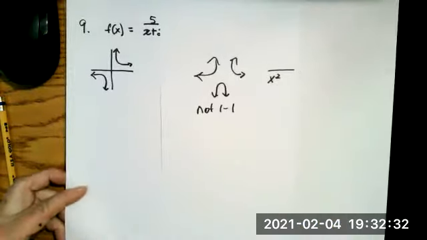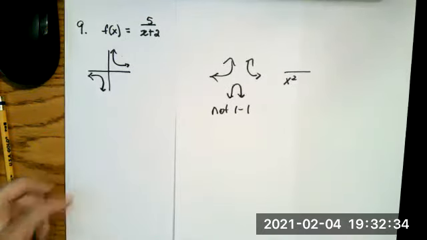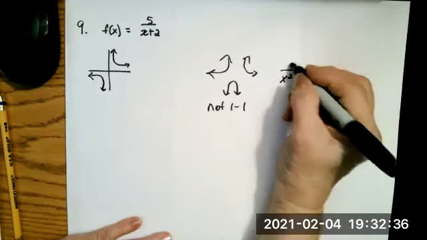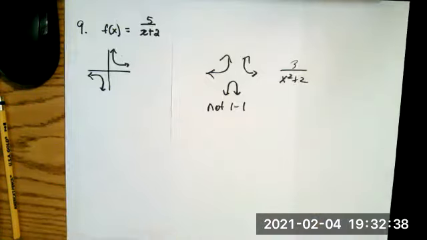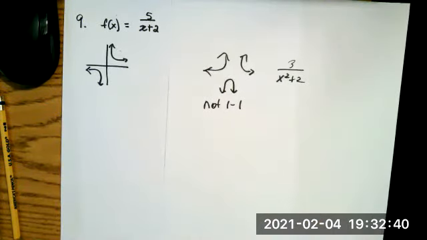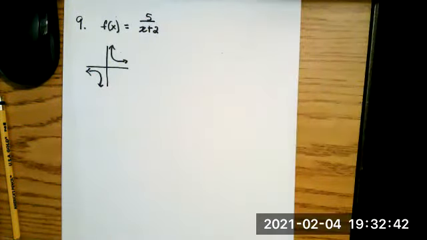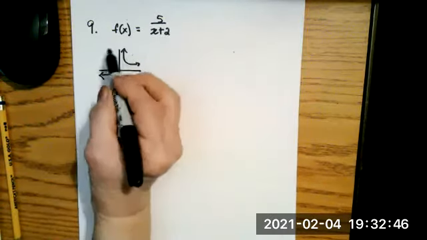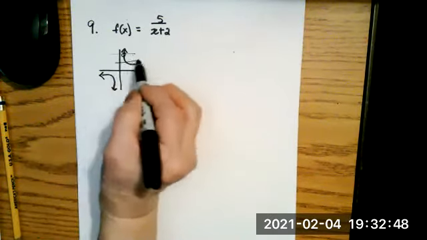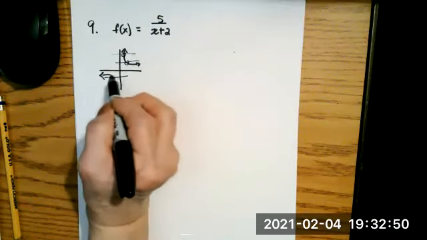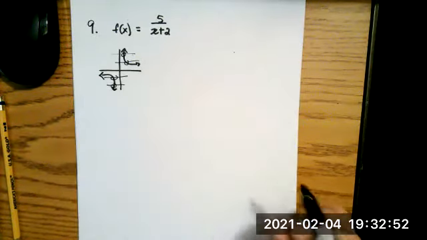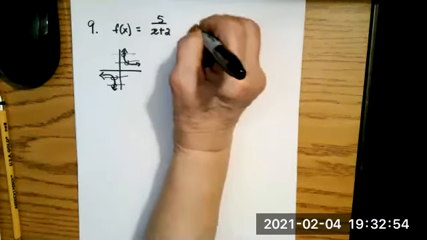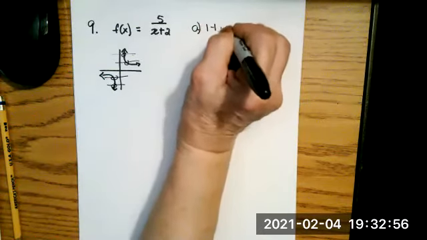But this one, see the difference? This one's a rational function too. This would have like 3 something here and x squared plus 2 in the bottom. But this one is a rational function, but this one is 1-to-1. See, I drew horizontal lines across this. It would only cross in one place. So this is 1-to-1.